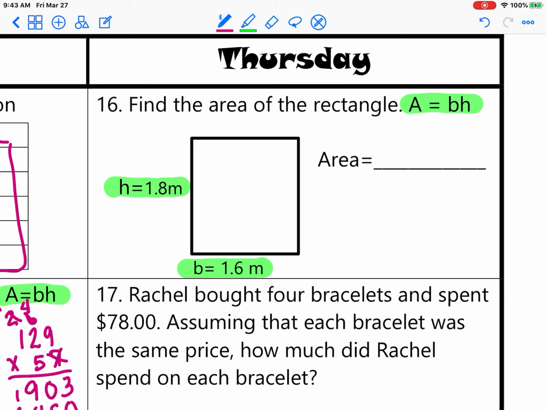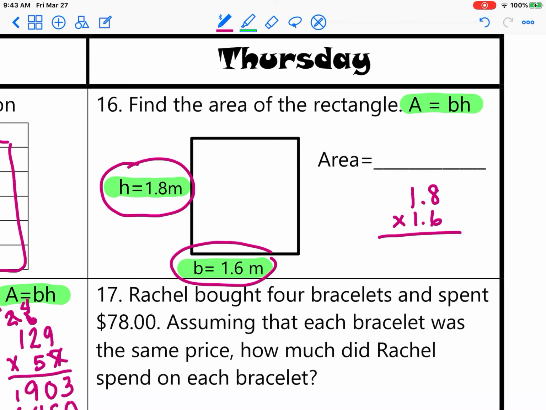Okay, so to find the area, I multiply the height times the base. So the height, 1 8/10, the base, 1 6/10. And just multiply like you normally would. Don't worry about the decimals right now. So 6 times 8 is 48. 6 times 1 is 6, and 6 plus 4 is 10. Then come down, put your 0 placeholder. You're multiplying it times 1, so that's easy.